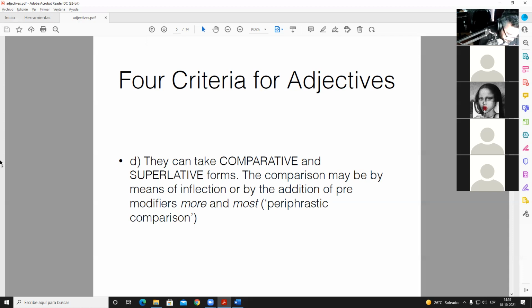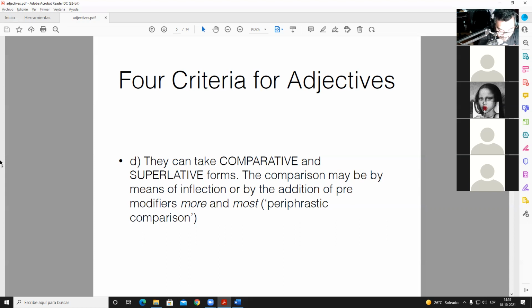If you have a short adjective, then we're going to use an inflection, a bound suffix inflectional morpheme. But if the adjective is long, then we're going to use a periphrastic construction. Therefore, we're going to add another linguistic item so as to provide this meaning.